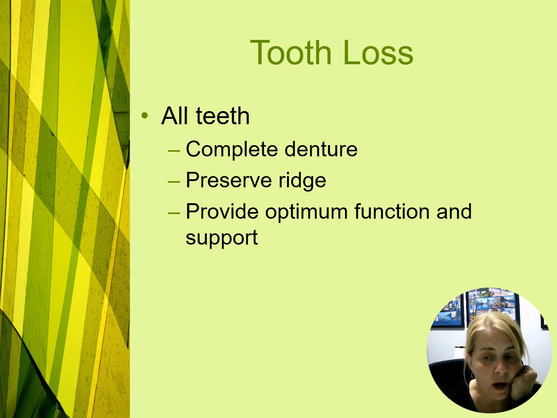A lot of people do well with a maxillary denture and that fits well, but a lower full denture is one of the hardest things for people to get used to and to wear and for it to be functional. So anytime you can keep teeth and preserve a ridge and maybe do a complete upper and a lower partial, that should be something that's a goal.